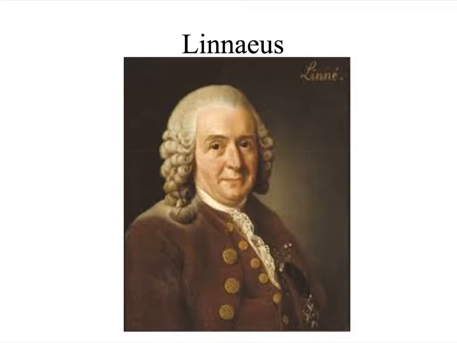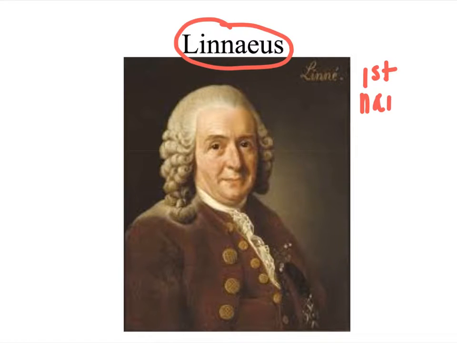All right, in our notes, first thing we want to write down is the scientist by the name of Linnaeus. He is known for coming up with the first naming system for living things, something that most scientists could use. Interesting fact about Linnaeus: he was a Christian.